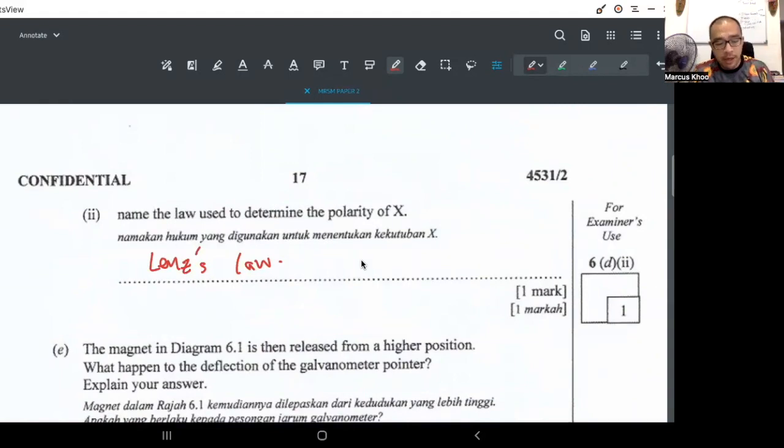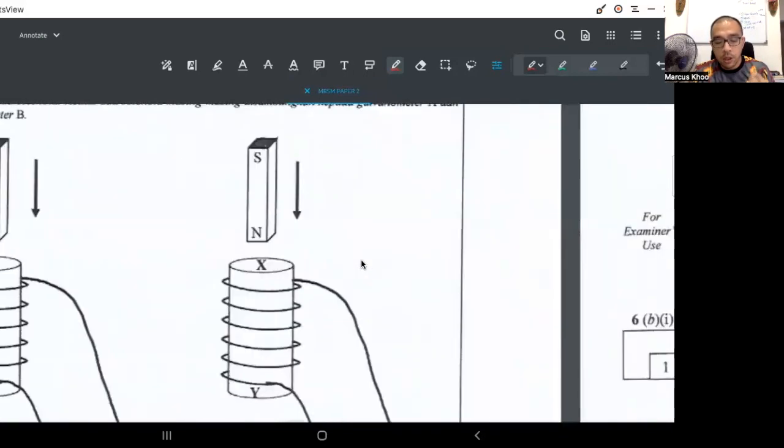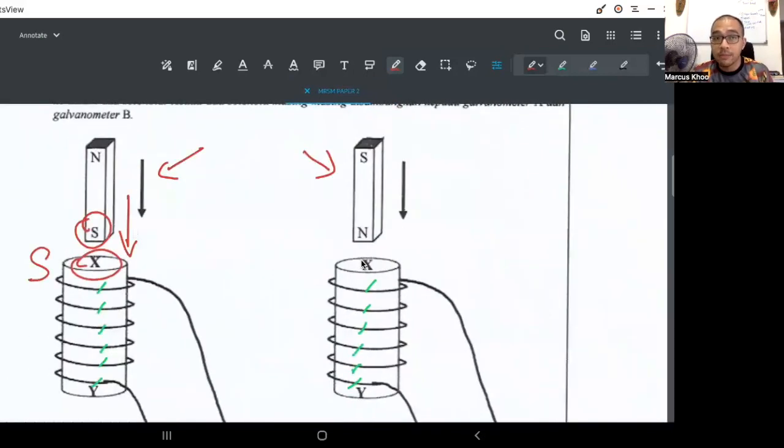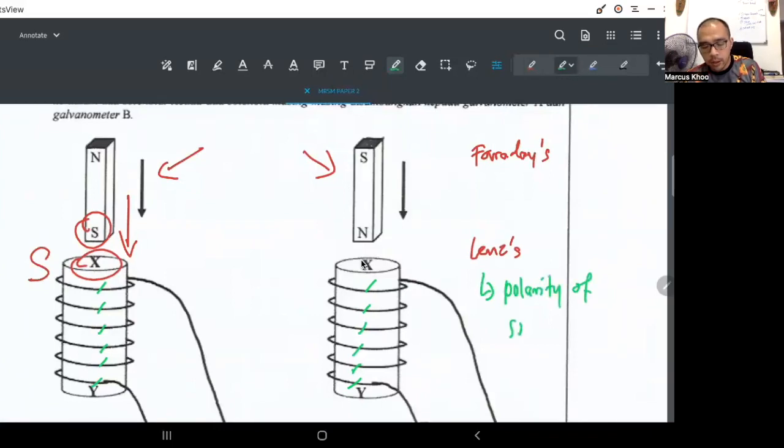Just to recap, everybody, the two laws for electromagnetism, especially electromagnetic induction, are Faraday's law and Lenz's law. Lenz's law is used to determine the polarity of the solenoid. How do you know which side of the solenoid is north or south? That's Lenz's law.